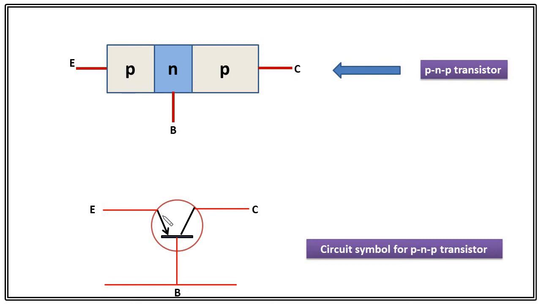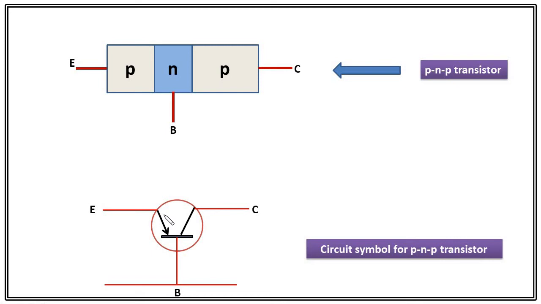Okay, so this is emitter, this is base, and this is collector. And to identify whether this is PNP type or NPN type, the arrow is pointing inward for PNP and the arrow is pointing outward for NPN transistor. This arrow will help us to identify whether the transistor is PNP or NPN.